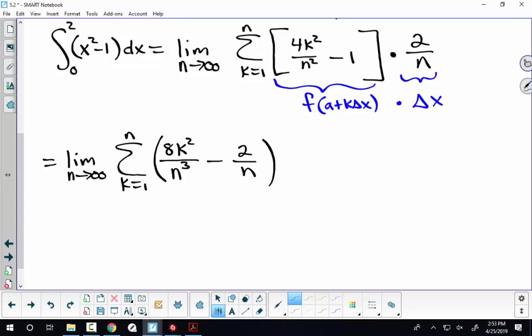Take the 8 out of front. Yeah, but before we take the 8 out front, we have to consider that we would be taking the 8 out of the 2 over n and the 8k squared over n cubed as well. So you could find a common denominator and just combine all of that, right? Then you would have something plus something else over n cubed. But then could we break that up?